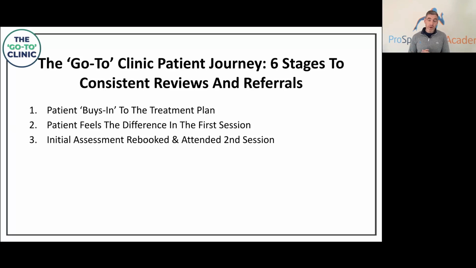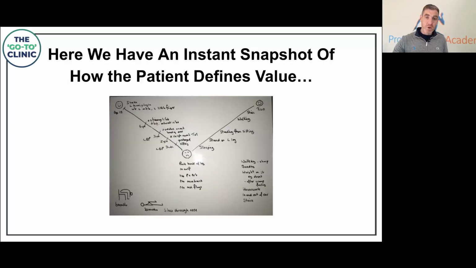So at the top of your treatment plan, and if you're watching this on YouTube you'll be familiar with our patient storyboards, some of our intellectual property that we use in the mentorship system, at the top of that patient storyboard, or our patient V, is the definition of success.